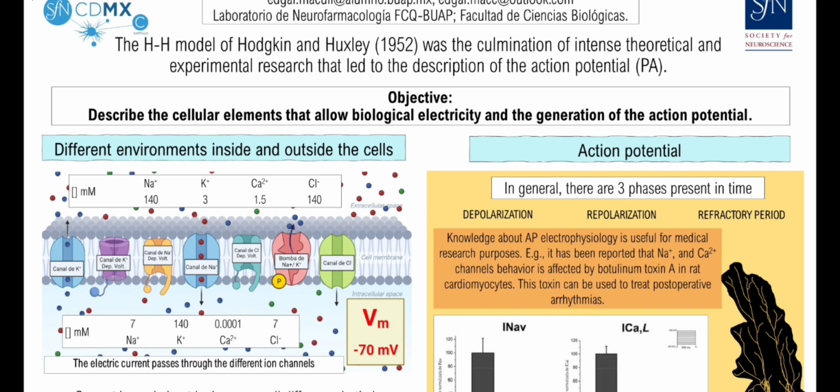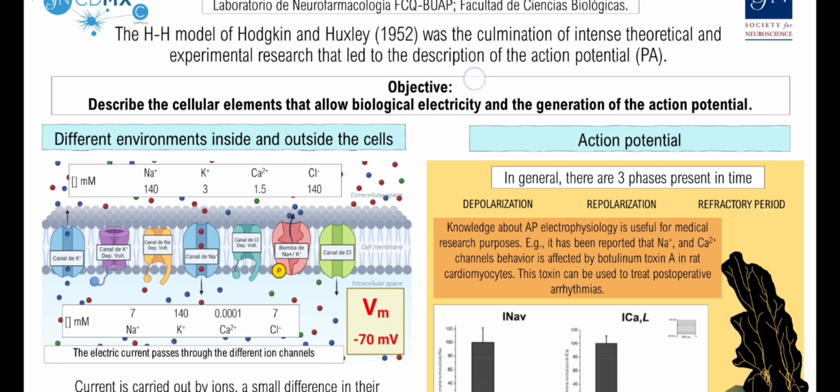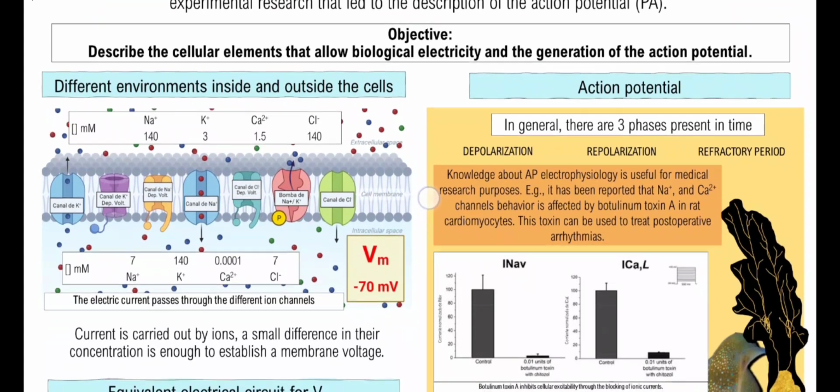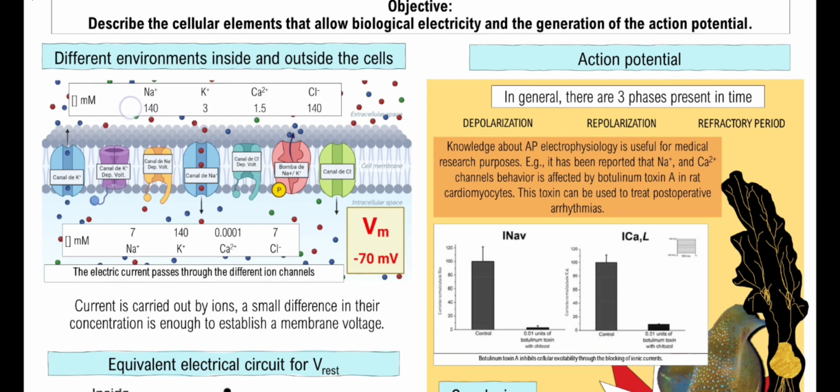So, as an objective, I have to describe the cellular elements that allow biological electricity and the generation of the action potential. For understanding how biological electricity happens, we must consider that in neurons, in cells, there are different environments inside and outside the cells.